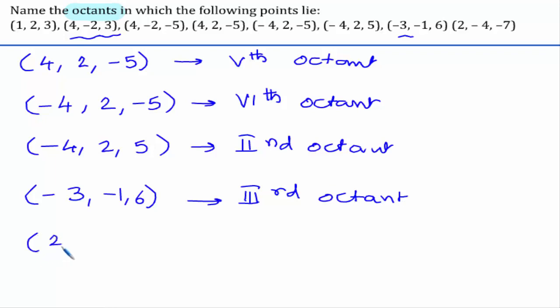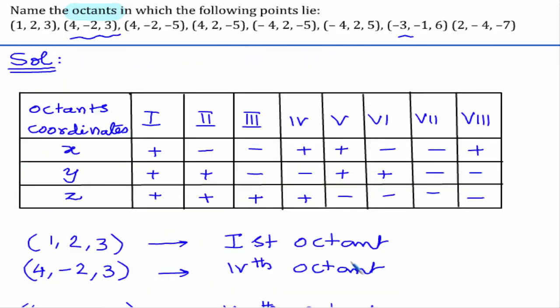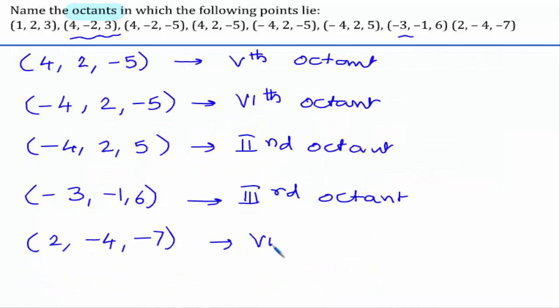Now finally (2, -4, -7). Here x is positive whereas y and z are negative, that is the 8th octant. So if you remember that table, then writing these kind of answers is very simple.